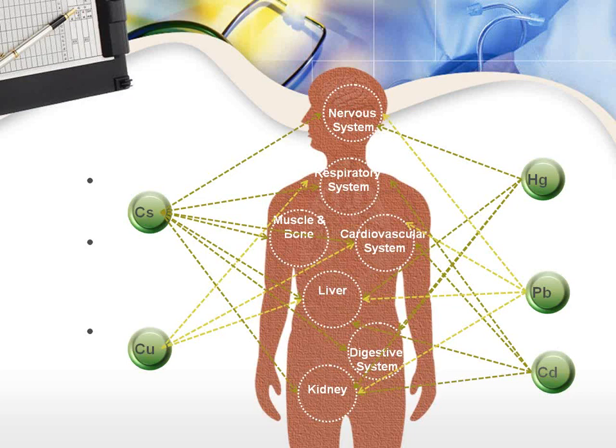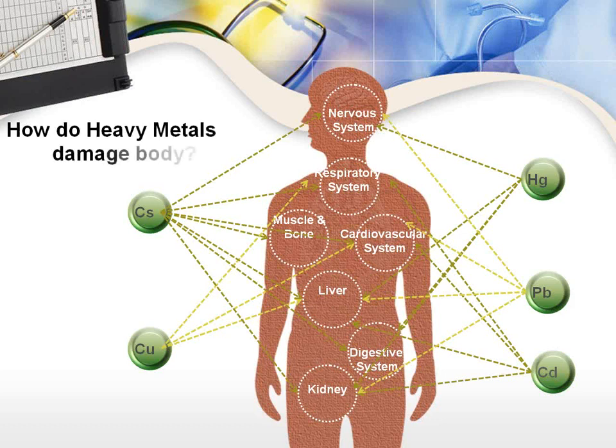So let's just take a look at the body, and I want to just share from a physician's standpoint, how do these heavy metals damage the body? Well, let's start with the brain. When you get mercury, aluminum, cadmium, lead, it gets into the brain.